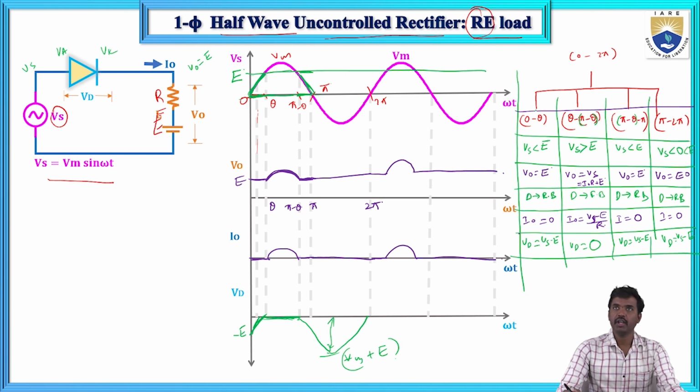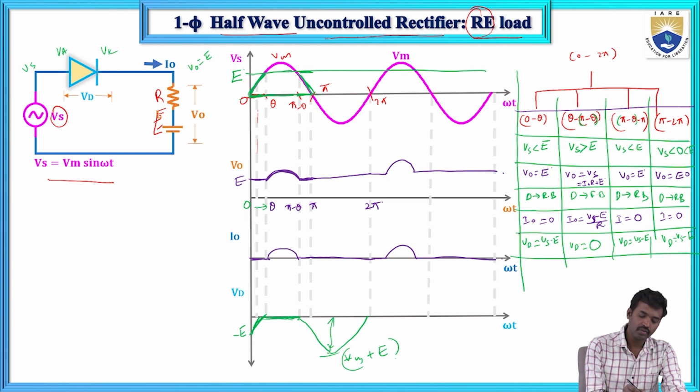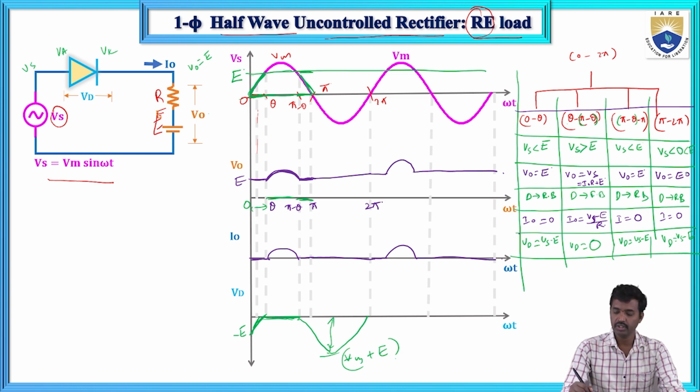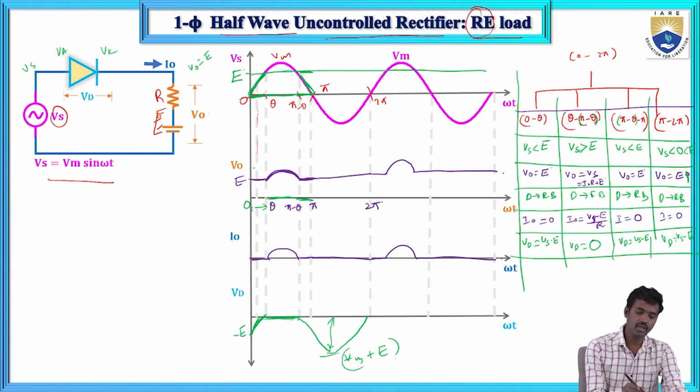So this configuration we are using from 0 to theta, where Vs is less than E, and from theta to pi minus theta, Vs is greater than E, and from pi minus theta to pi, Vs is less than E, and up to here this is Vs minus E. So in this case the diode is in reverse bias, forward bias, reverse bias, and here reverse bias.